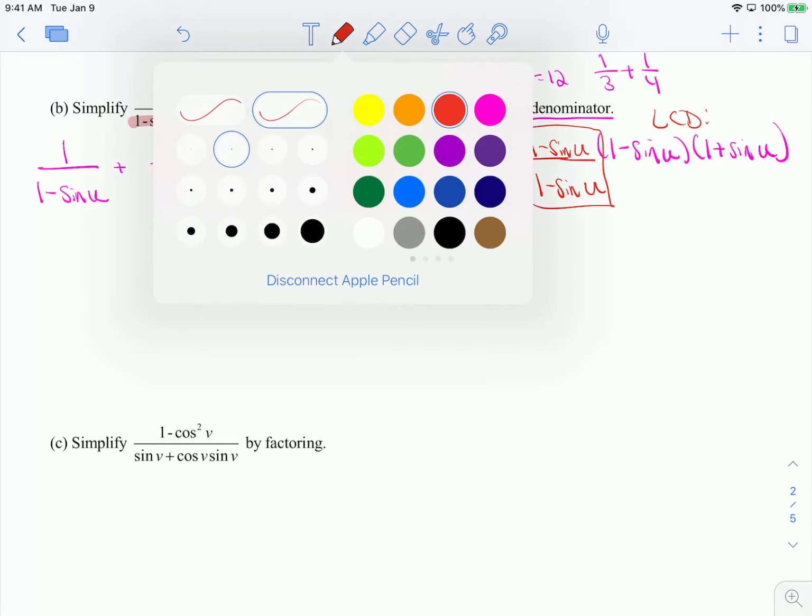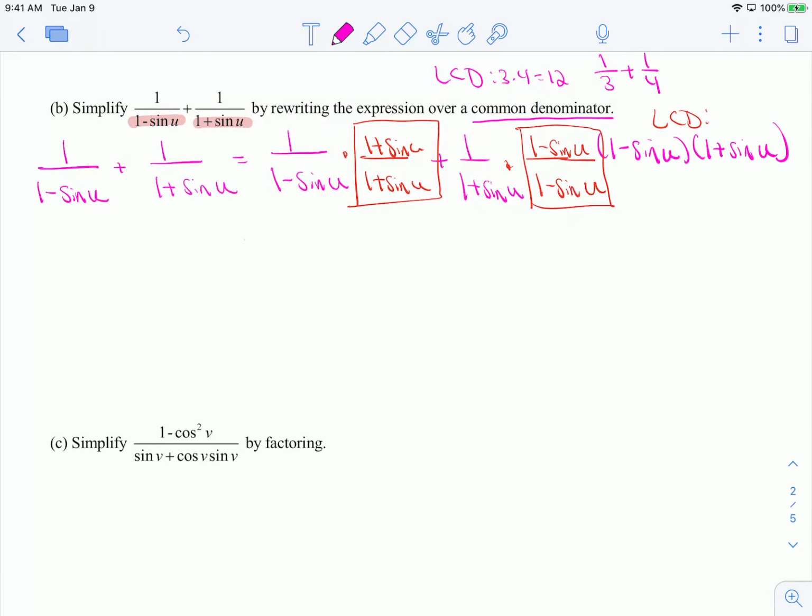So when I go ahead and multiply these, I get 1 times 1 plus sine u plus 1 times 1 minus sine u. And the whole purpose of that was to put it over the same denominator.